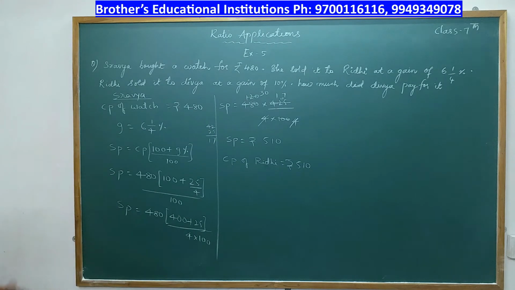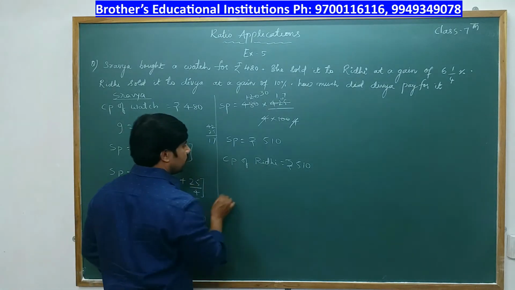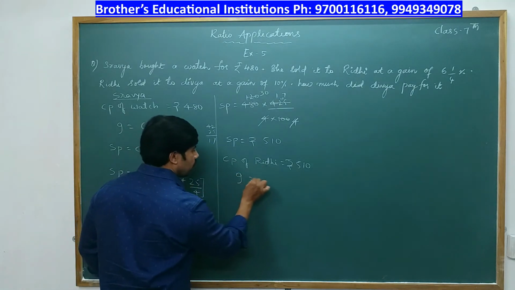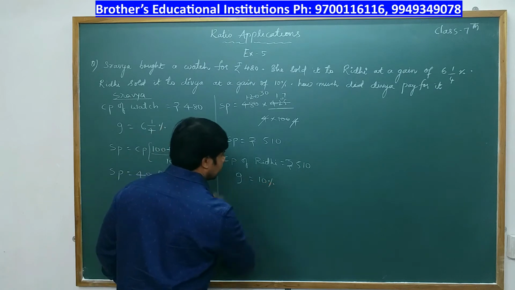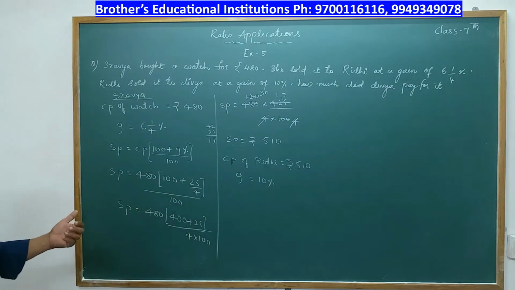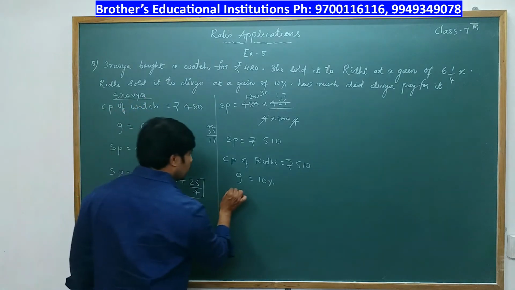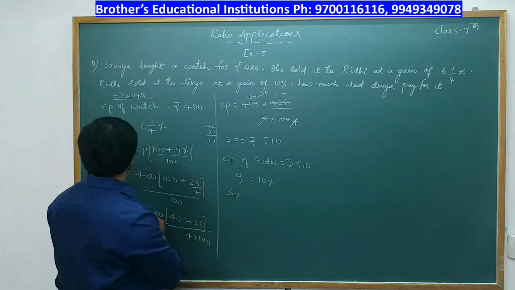Now what did Riddhi do? Riddhi sold it to Divya at a gain of 10%. So the cost price of Riddhi we got is 510, and gain is 10%. Now we will find out the selling price of Riddhi, which is nothing but the cost price of Divya.